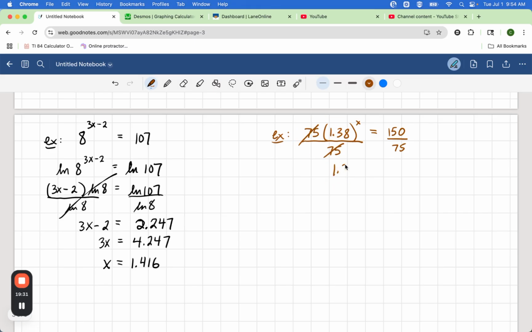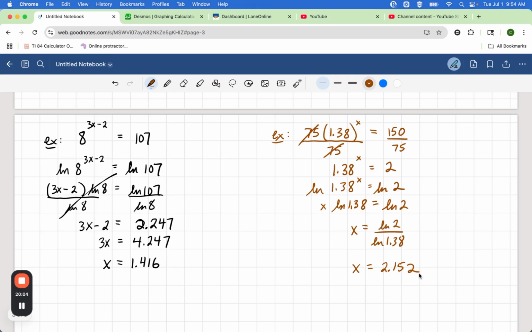So I get 1.38 to the x equals 2. Now we ln both sides, and then we drop the x, and then we divide both sides by ln of 1.38. So x is the ln of 2 over the ln of 1.38. Grand total, 2.152. Right, so you put 2.152 in for x, and hopefully you get pretty close to 150.